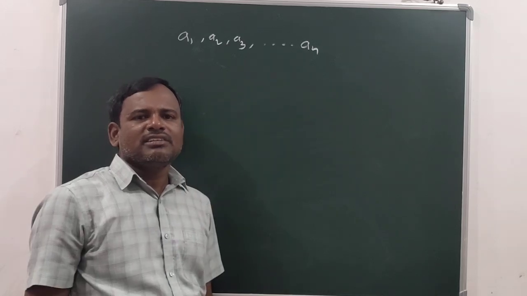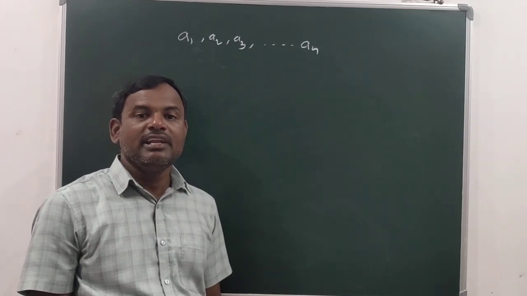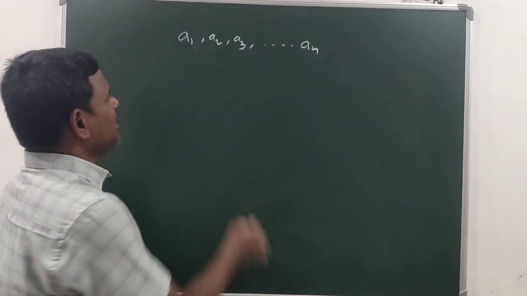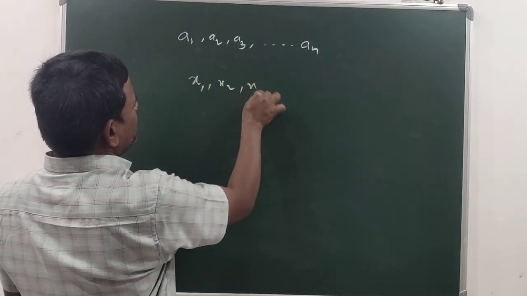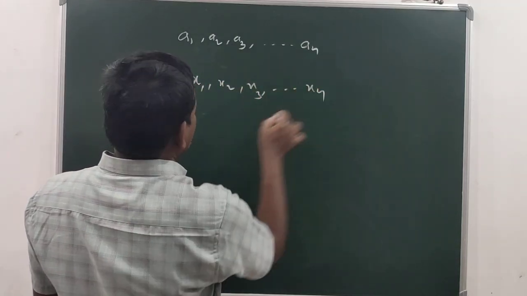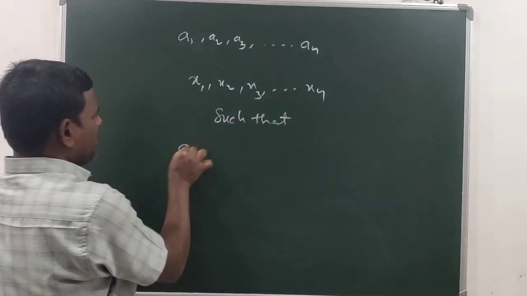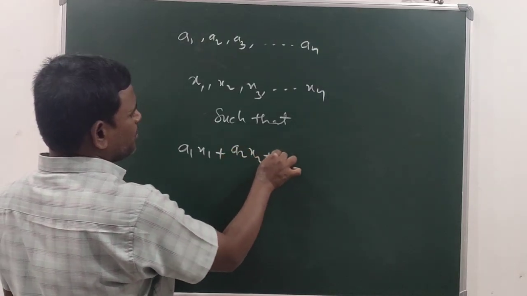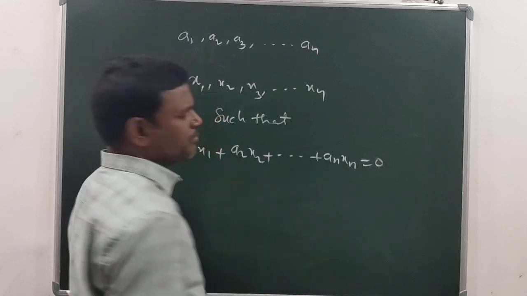These n vectors are linearly dependent if there exist scalars x1, x2, x3 and so on up to xn, such that a1 x1 plus a2 x2 and so on plus an xn is equal to 0.